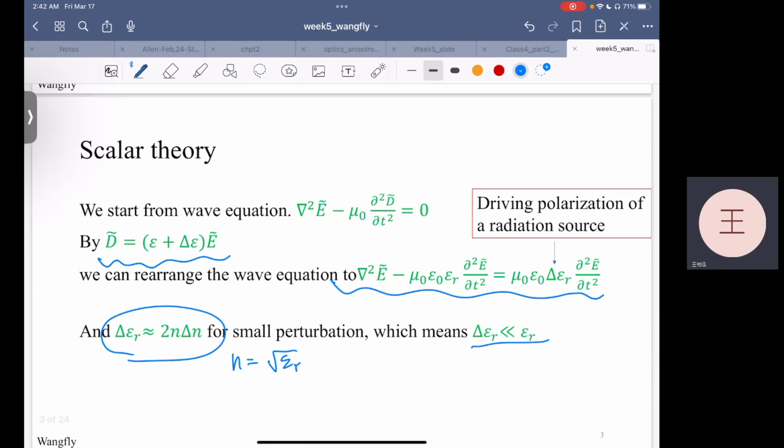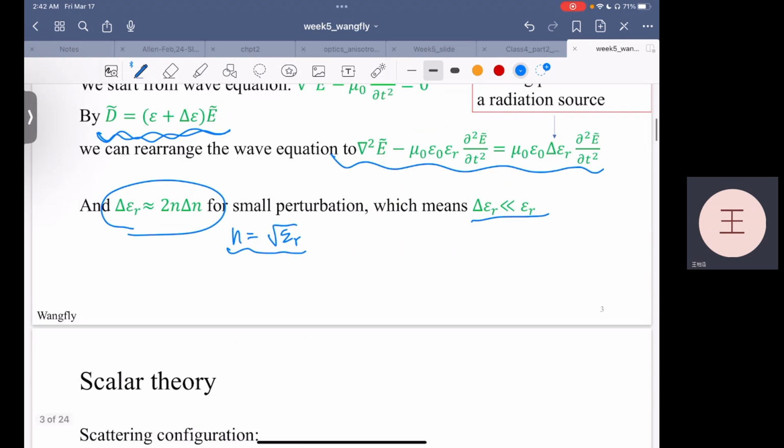For the scalar theory, first we use the wave equation and plug in this equation. We can rearrange the wave equation, and note that for delta refractive index, we have this kind of relationship.